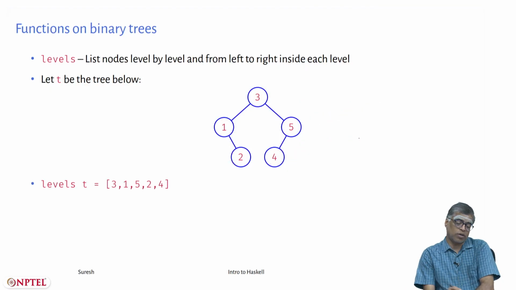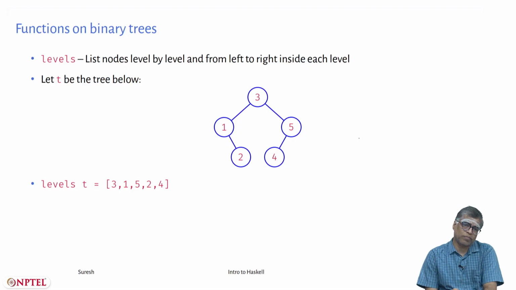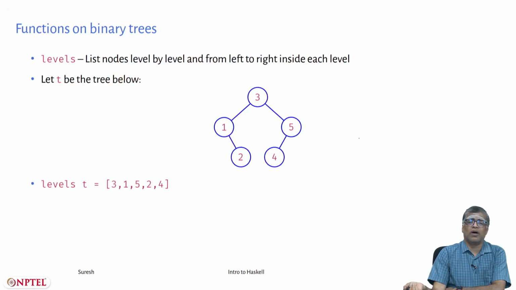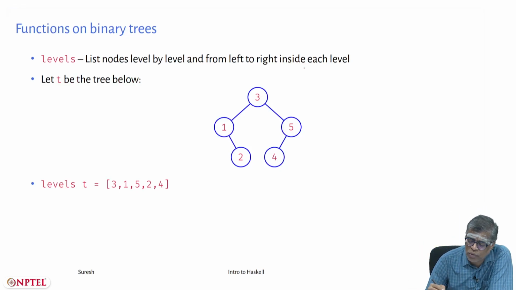So, levels of this tree should be 3, 1, 5, 2, 4. This is a very interesting exercise where you get to use some things that we have already done, namely queues. Okay. So, the simplest way to do would be to maintain a queue of trees.